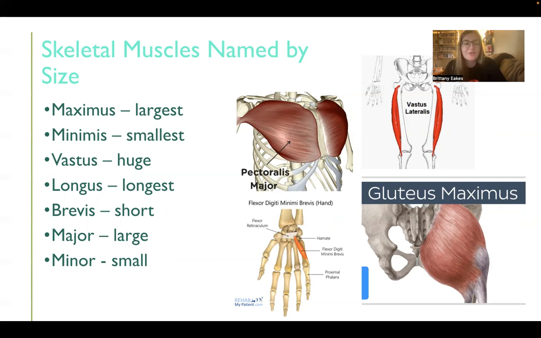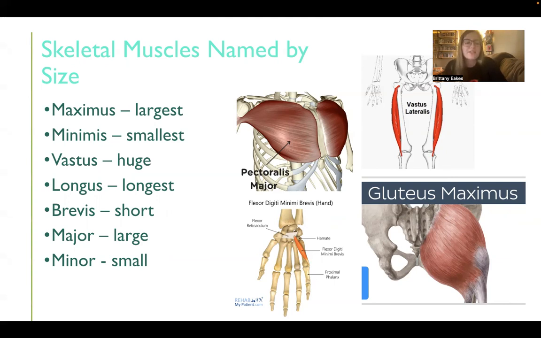Vastus means huge. So the vastus lateralis is the largest of the quadriceps. Longus would mean longest, like the adductor longus, which is a hip adductor muscle located in the inner thigh. Brevis means short. You can think like brevity means short.